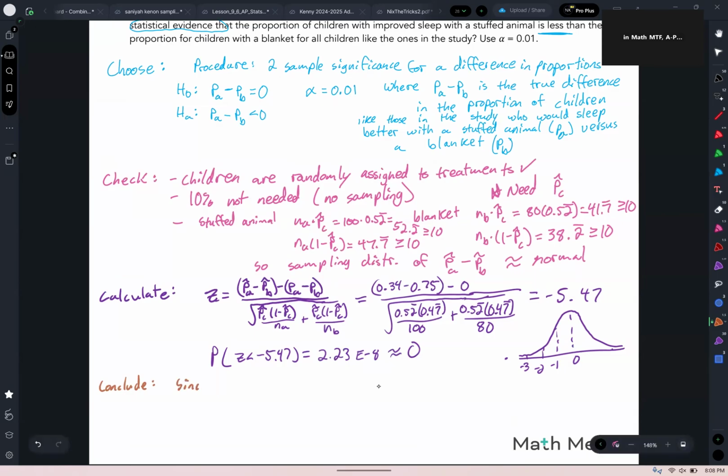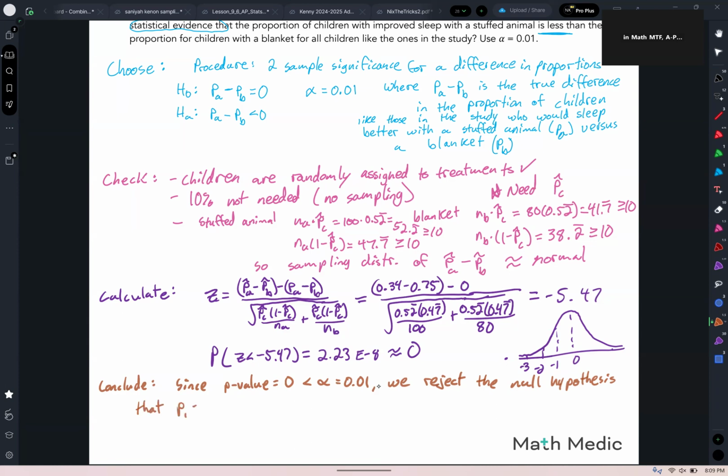But since the p-value equals 0 is less than my alpha equal to 0.01, we reject the null hypothesis that P sub A minus P sub B equals 0. I still don't have context in there, so I need to put that in here.